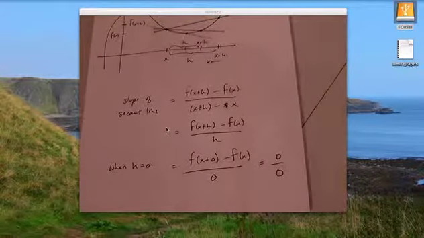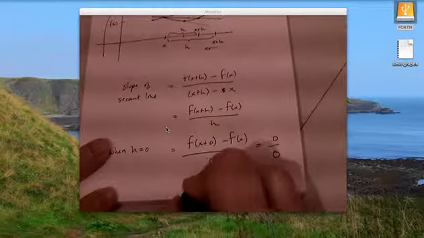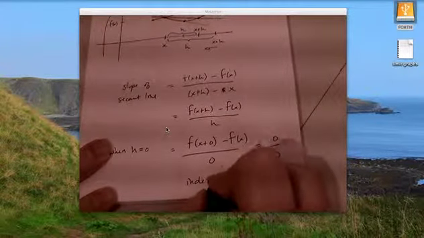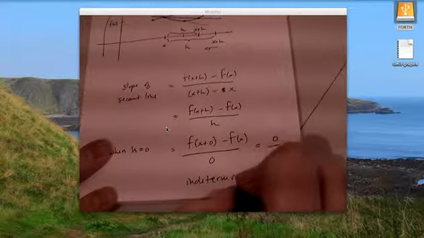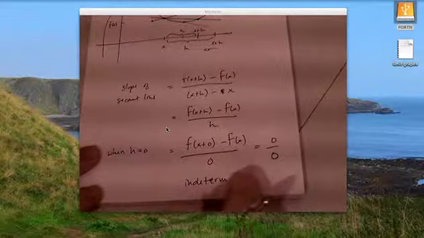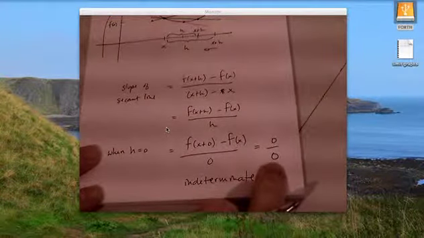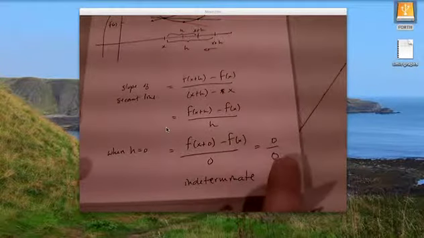That is absolutely nonsensical, okay, which is why things like this are referred to as indeterminate. You cannot determine the value of this particular expression because it's 0 over 0.